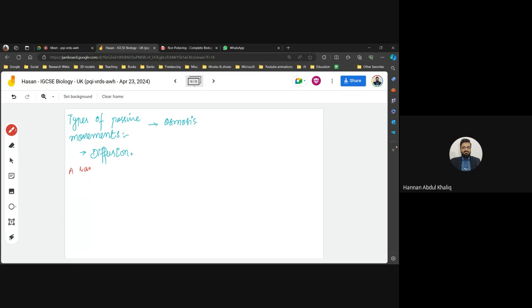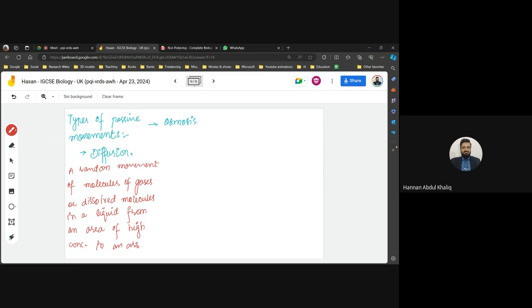A random movement of molecules of gases or dissolved molecules in a liquid from an area of high concentration to an area of low concentration.